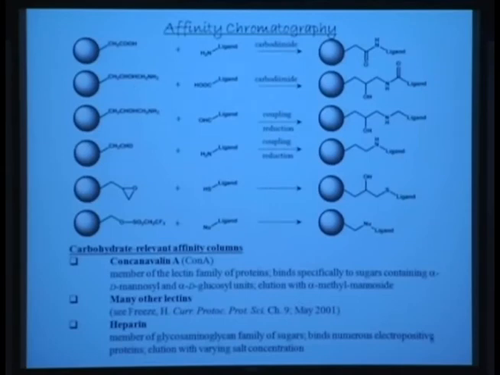Okay, affinity chromatography, just to give you a little more idea in terms of the different protocols that you can use to attach the ligand. We have several different matrices available these days. You can have a ligand with any carbohydrate with, for example, an NH2 group attached to it.